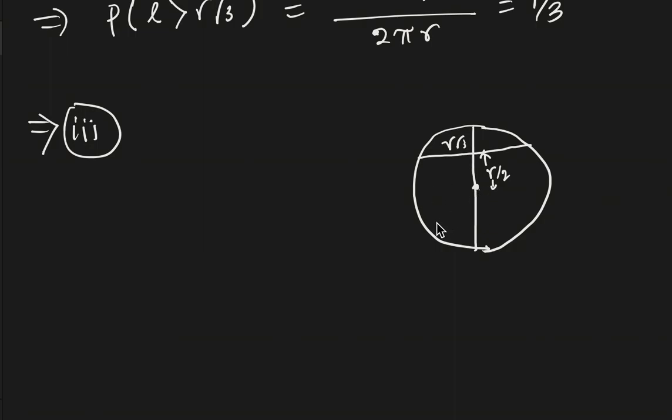Now if you see here also, this is r by 2. Now suppose that you fix the direction of that chord. If you draw any line parallel to this line, the length of that line will automatically be greater than r root 3. So how many lines you can draw, that is your favorable outcomes, right?